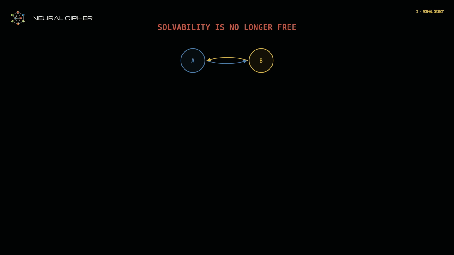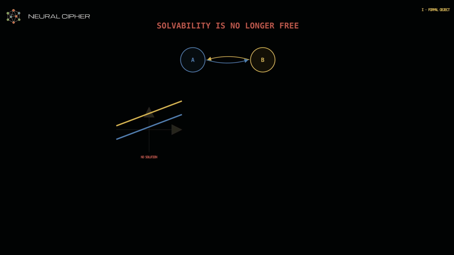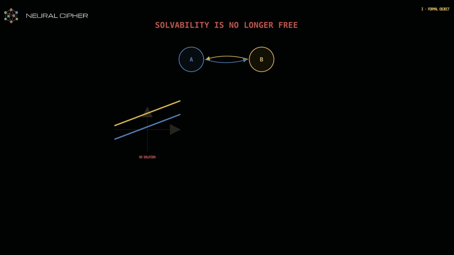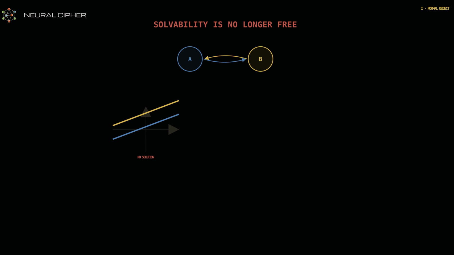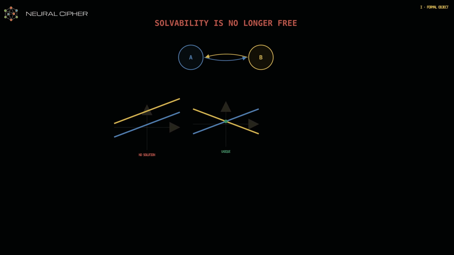A cyclic SCM has no topological solution order. Its assignments must instead be solved simultaneously. Existence, uniqueness, and measurable dependence on the context become separate requirements, and they must be reconsidered after interventions and marginalization. A fixed point can be unique, multiple, or absent.